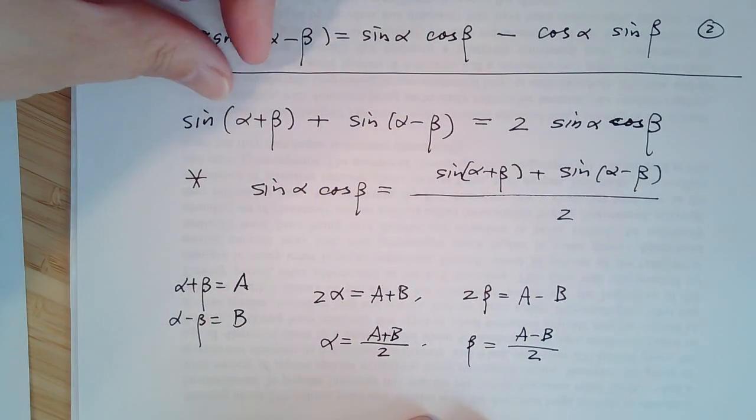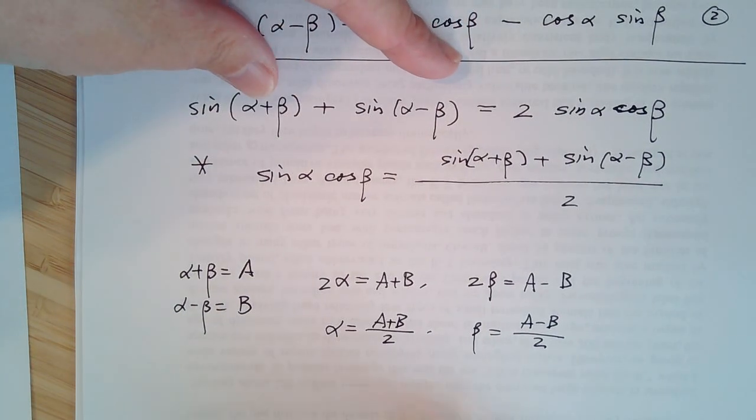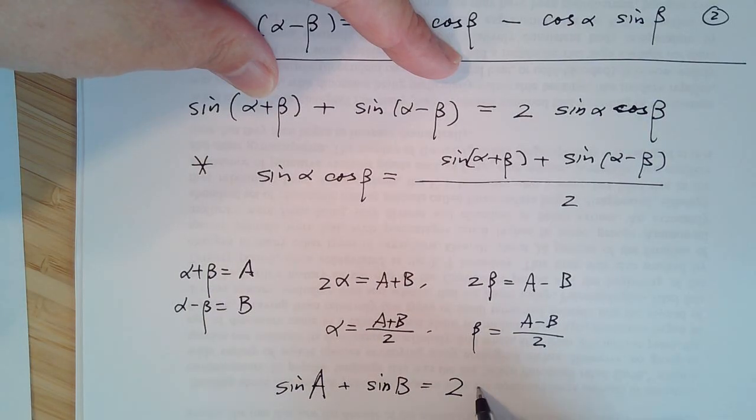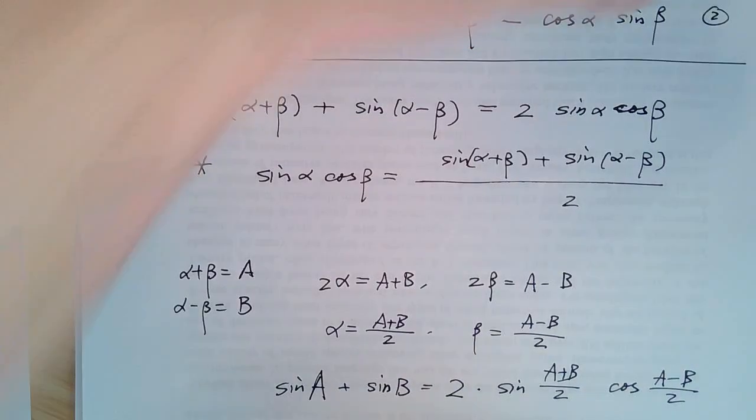And then I'm going to substitute them back into this formula, so I will get sine A plus sine B equals twice sine of A plus B over 2 times cosine of A minus B over 2. See?